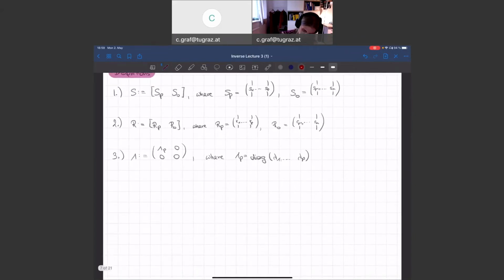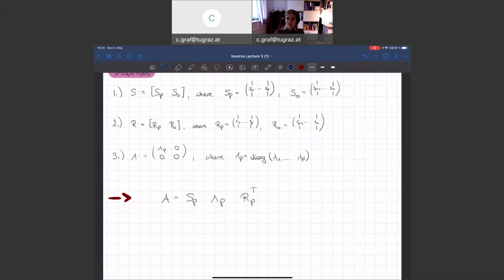And with that, we can decompose the matrix A into SP times lambda p times RP transposed. So it's really nothing else than the original decomposition theorem we had.